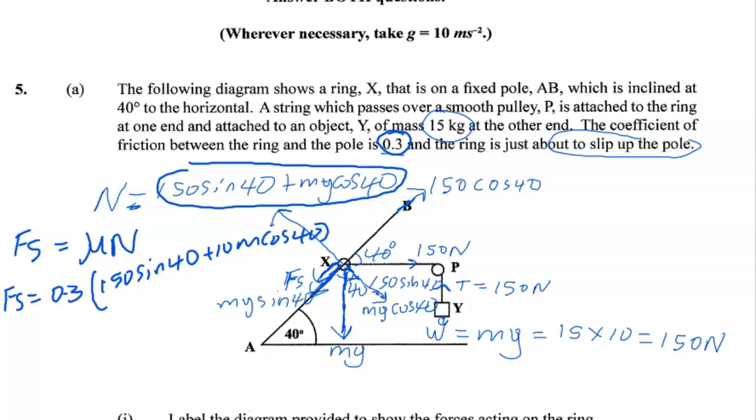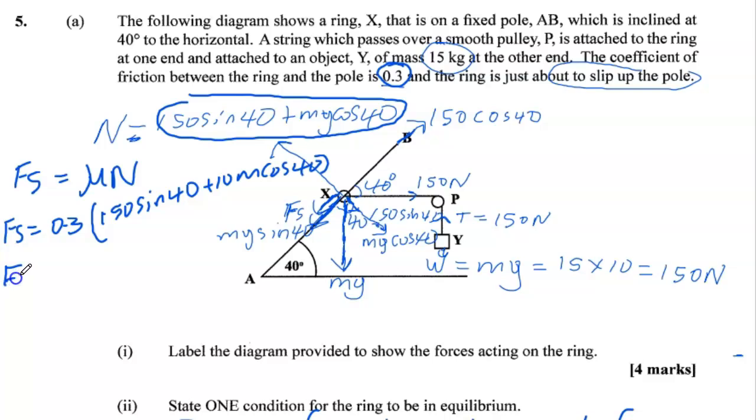If we distribute the 0.3, the friction would be 0.3 times 150, that's 45 sine 40, and if we multiply 0.3 by 10, that's 3m cos 40. So that's the expression for friction.